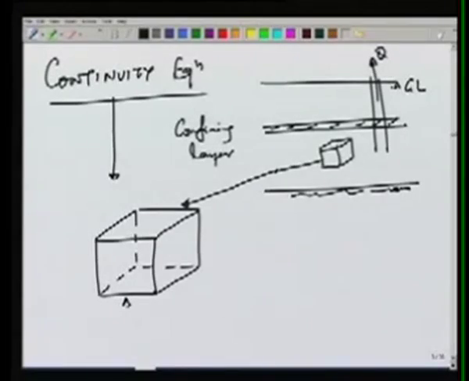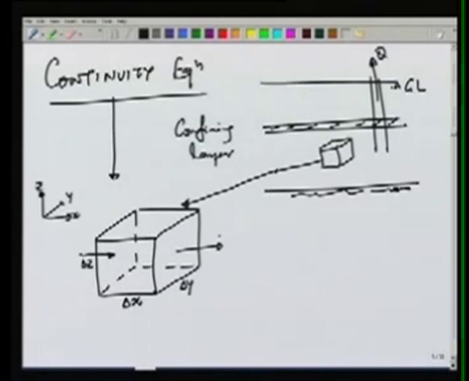So we take this elementary volume which has size delta x, delta y, and delta z. Of course our x, y and z directions are like this. Let's consider the flow in the x direction.